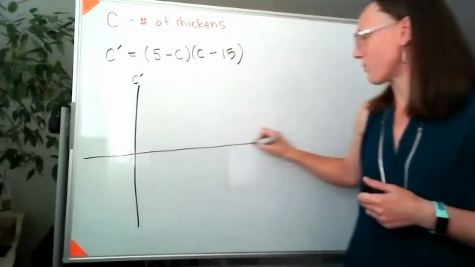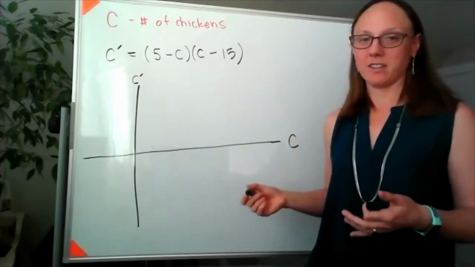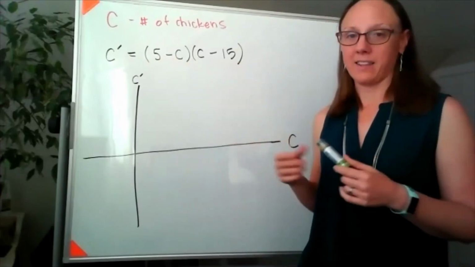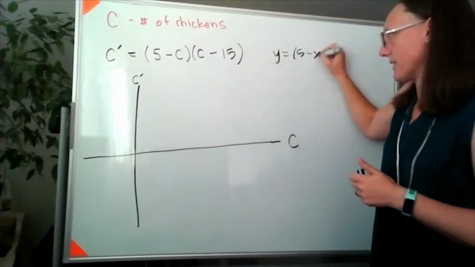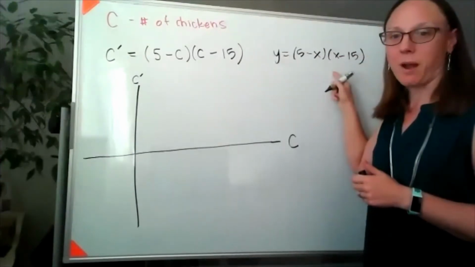And this axis right here is going to be C, or the number of chickens. Well, this thing, if I'm pretending that this is like y equals (5 minus x) times (x minus 15), this is some kind of parabola.